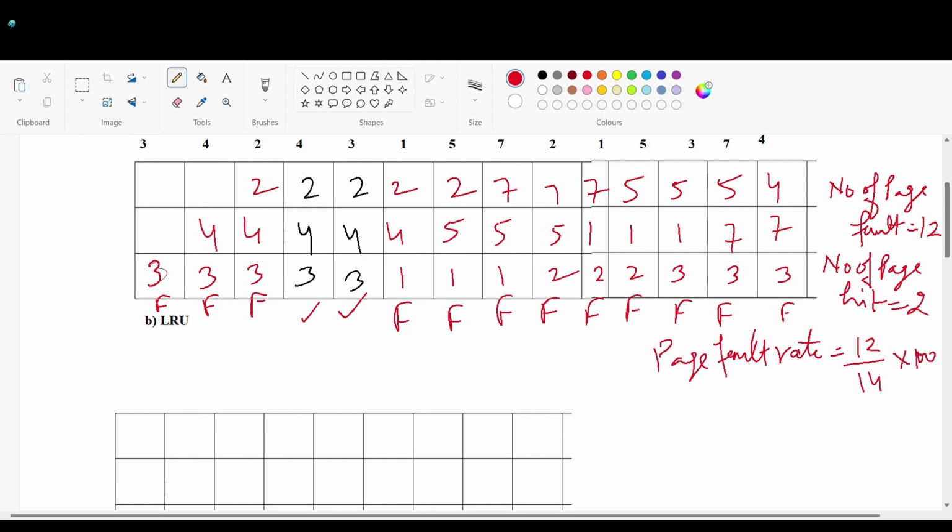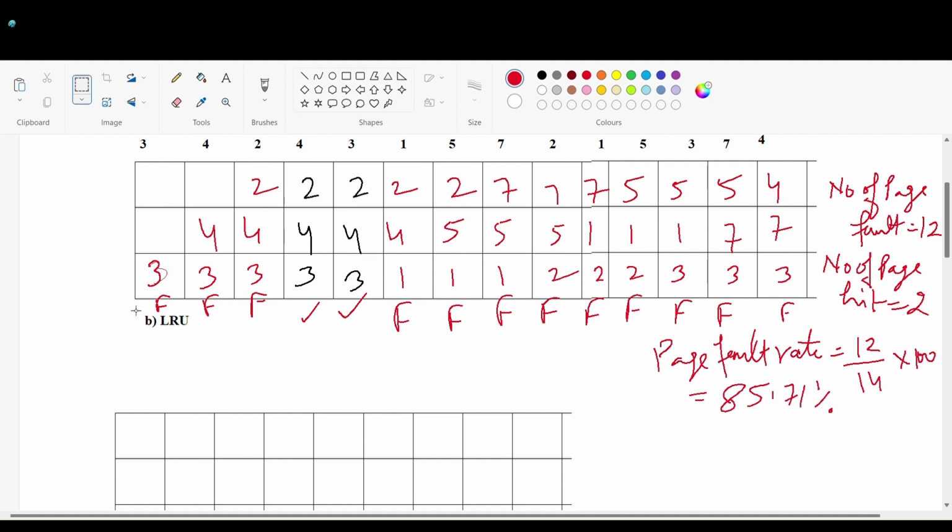So you have to calculate 12 divided by 14 and multiply by 100, so 85.71%. Okay, this is the page fault rate. Clear? So this is the FIFO.